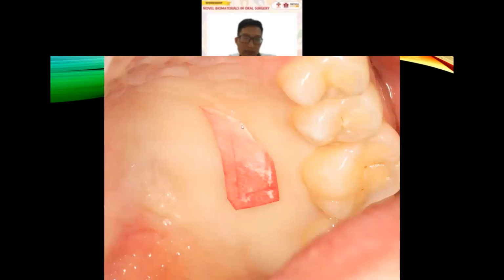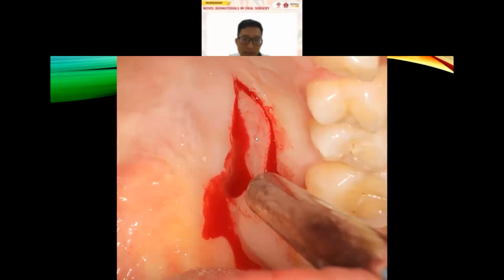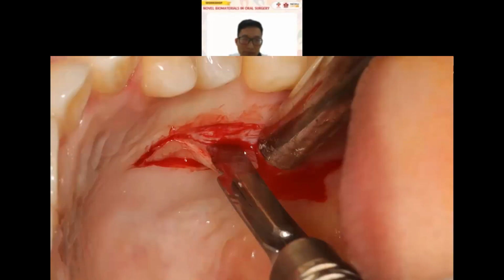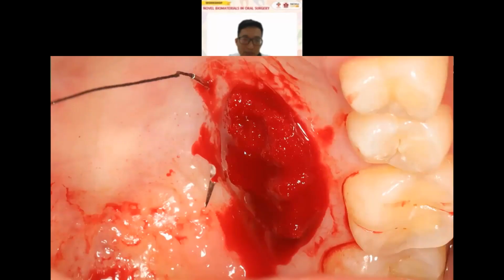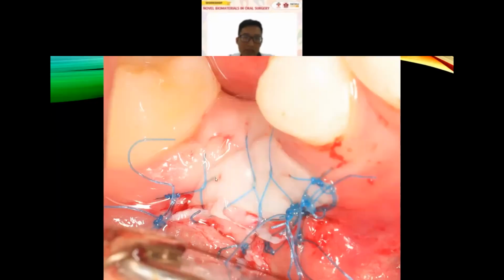I use the collagen to create the shape that I need, and control the placing. I can get the full graft, and this is an important step.